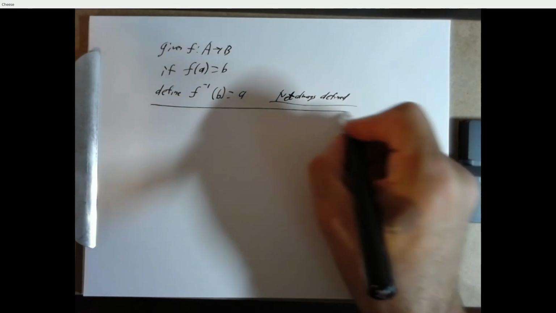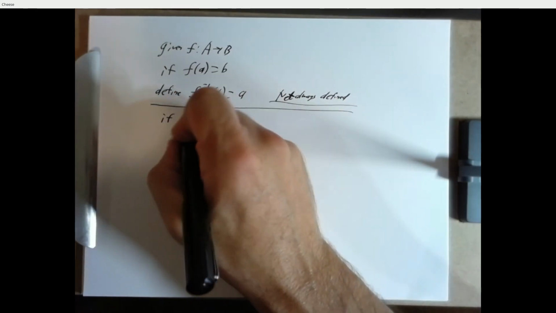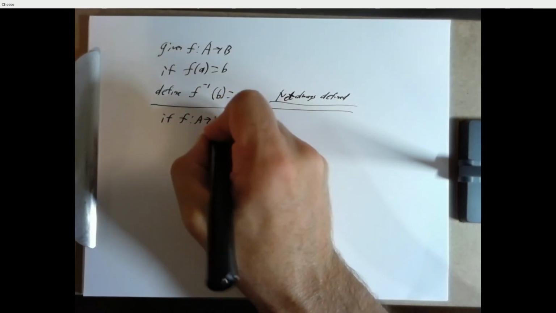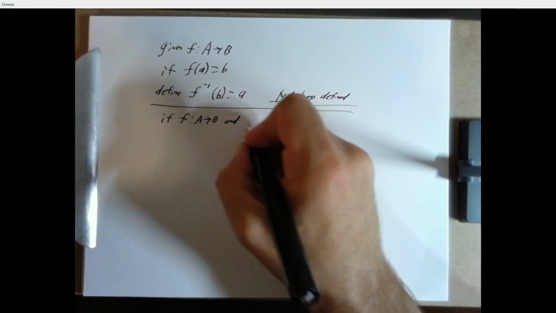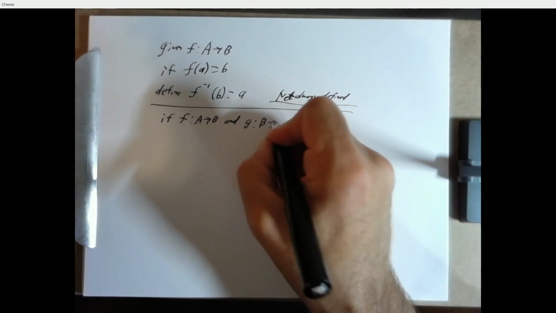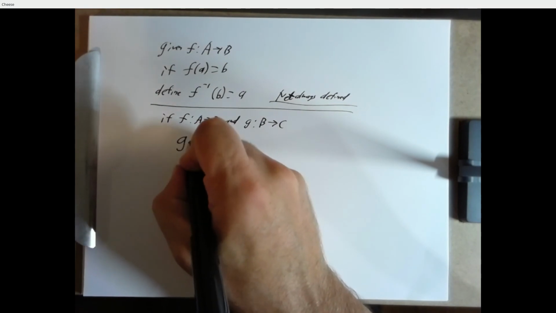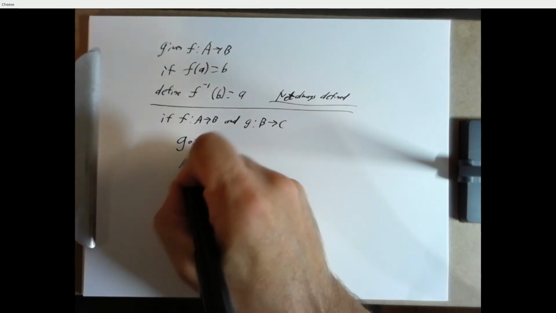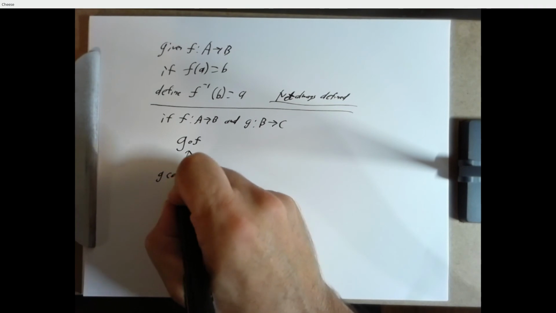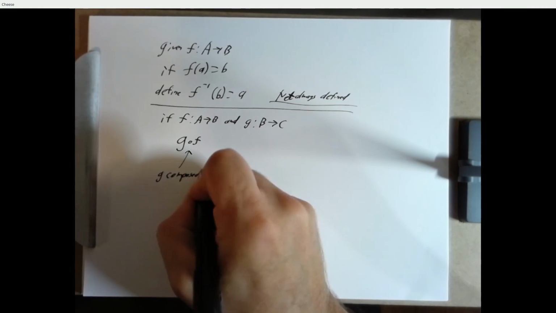Okay, we can also compose functions as follows. If f takes A into B, and g takes B into C, then we can write the following. We write g with a little circle f, and this is g composed with f.